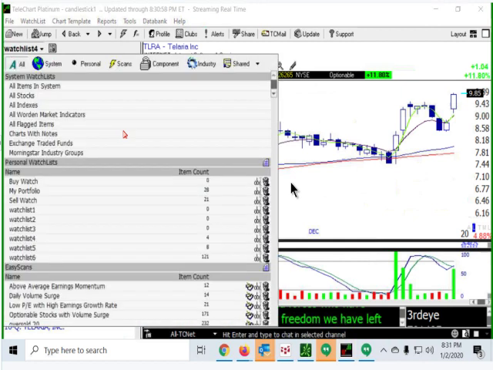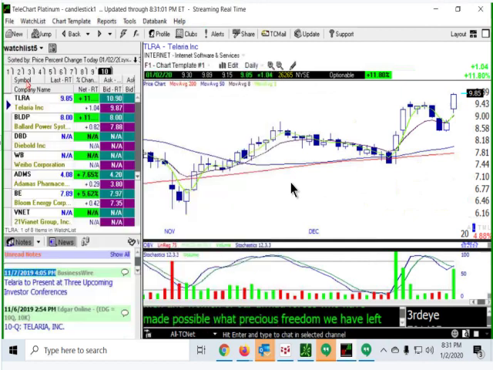Now I can go back up to watch list 5, which has a bunch more that were the good ones, and see if one of those is working. So the nice thing about this scanning technique is not only are you identifying the best trades provided they open correctly the next day, but if they don't open correctly the next day, you haven't run out of ideas. You back down to the next best ones and see which ones of those are opening correctly.